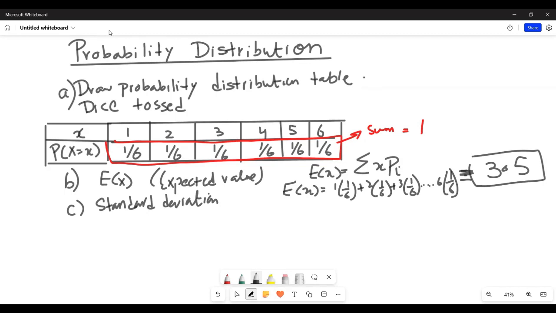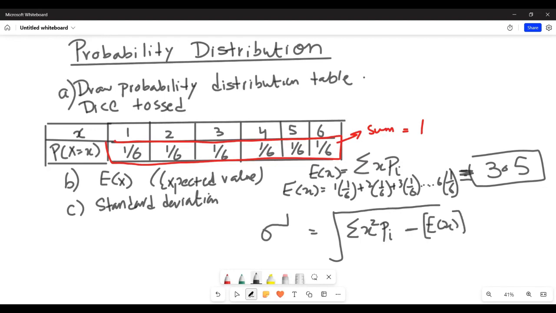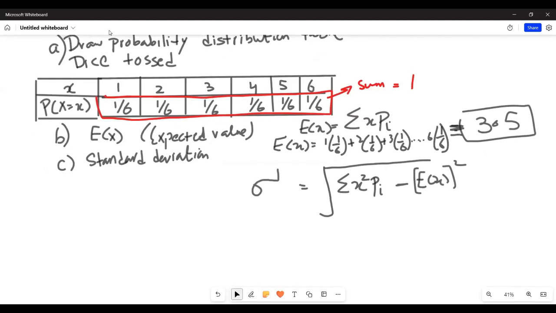Okay. And now we find the standard deviation. The formula for standard deviation, the symbol is this, sigma. Standard deviation is square root summation x square times its probability minus the square of the expected value that you found earlier. So now what you do, you find this first.